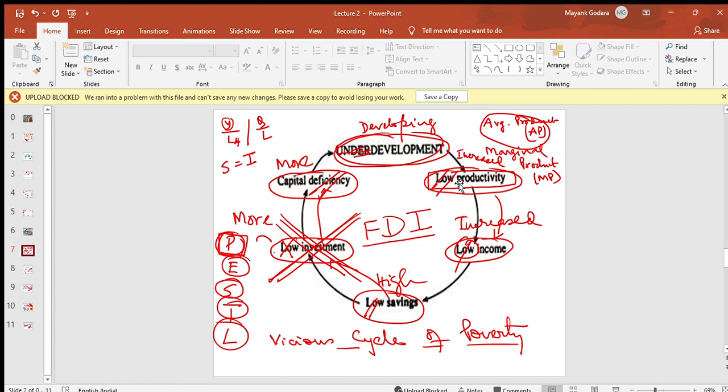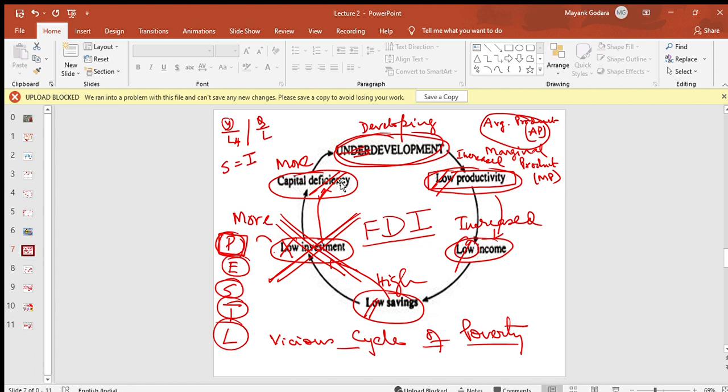So where to break this cycle? If they want to break the cycle, they have to bring in foreign direct investment policies in their country, so that foreign companies can come and invest in their country.